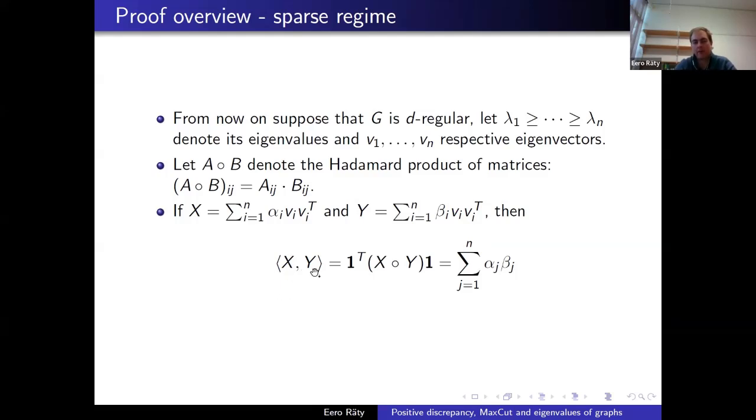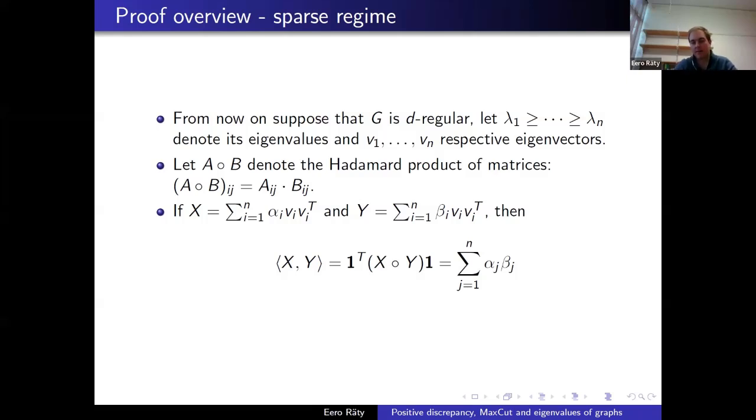So the inner product of matrices X and Y is just the sum of the x_ij y_ij entries, which is quite convenient to view as the Hadamard product of X and Y hit with the all-1 vectors. And if the v_i's are an orthonormal set of vectors, then it's an easy exercise to check that what we get is just the sum of the alpha_j beta_j terms.